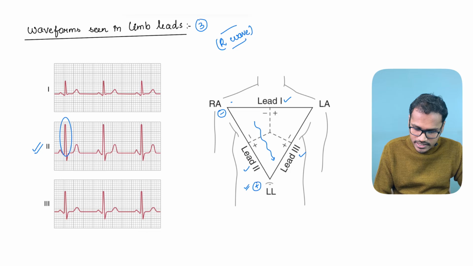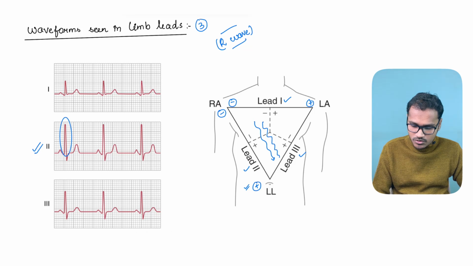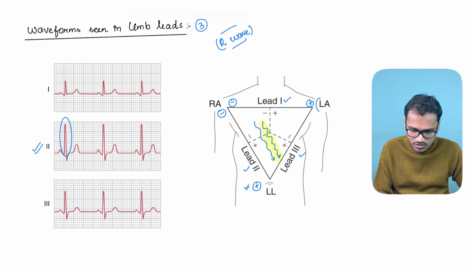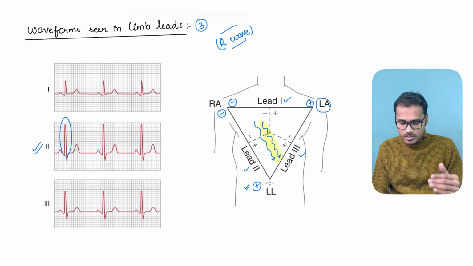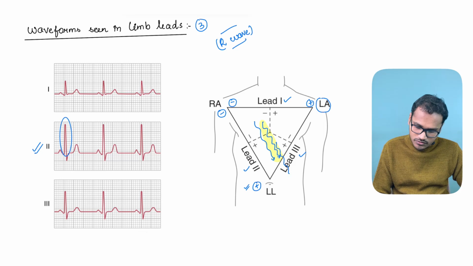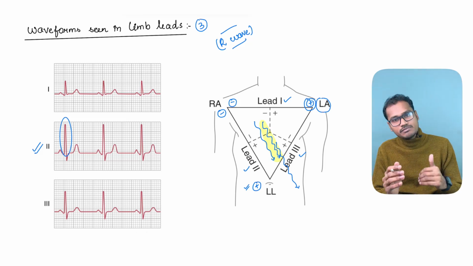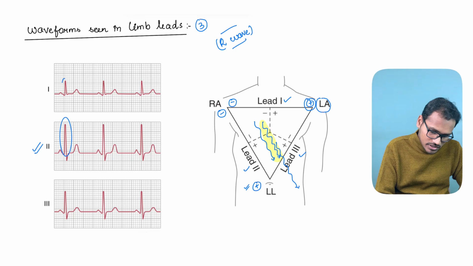Now let's see the other limb leads, lead 1 and lead 3. In lead 1, the right arm is negative whereas the left arm is positive. The major ventricular depolarization wave is going in this direction. It is not going exactly in the direction of the lead, because the left arm is positive here, but it is not going away from it either. The waves are going towards the positive side, but not in the exact direction.